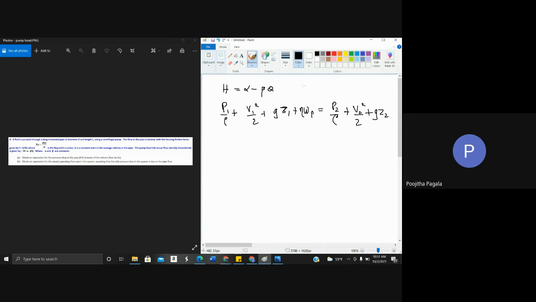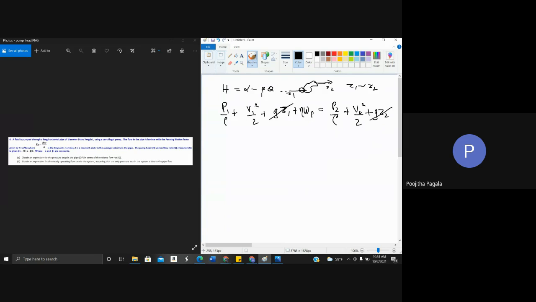Now, usually in case of pump, this is the inlet and this is the outlet. If I consider this to be Z1 and this to be Z2, Z1 and Z2 are almost the same. There is not much elevation gain at the inlet and the exit of the pump. So you can neglect these terms. And also usually the velocity of the fluid will remain the same for liquids, and the pressure is going to increase.